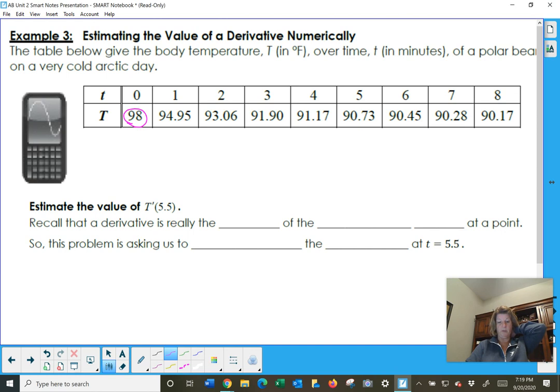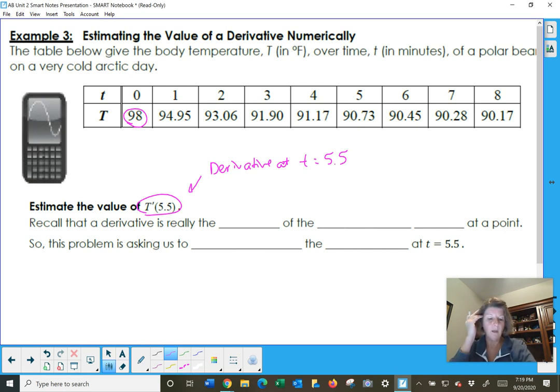So we want to come up with a way to estimate the slope of the tangent line. This means the derivative at t equals 5.5. Recall that a derivative is really the slope of the tangent line at a point.